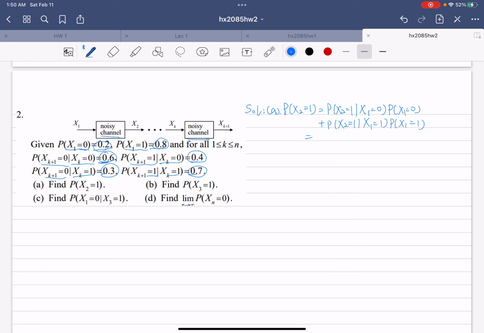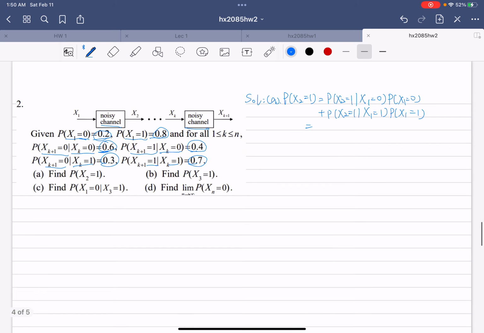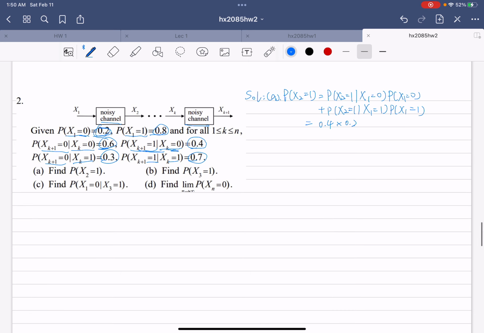The first part is where the input is 0, but we get the output equals 1. We can check the probability from 0 to 1 is 0.4 times the probability of x1 equals 0, which is 0.2.